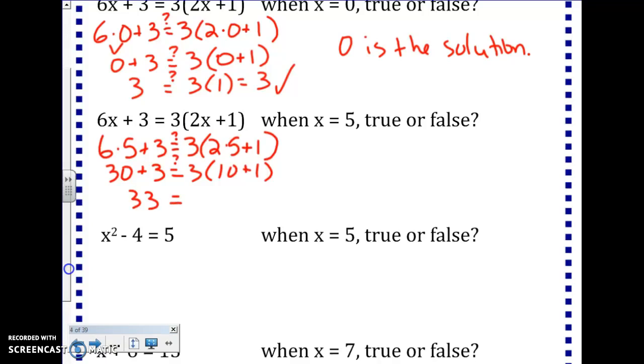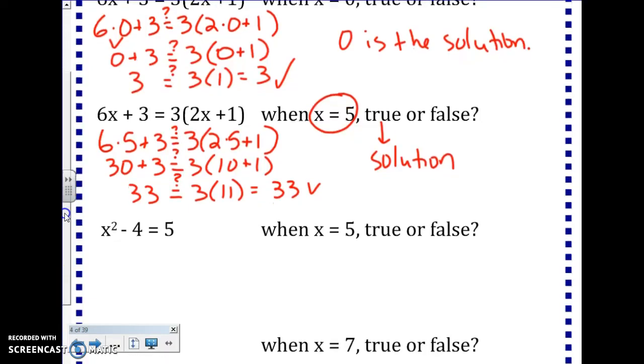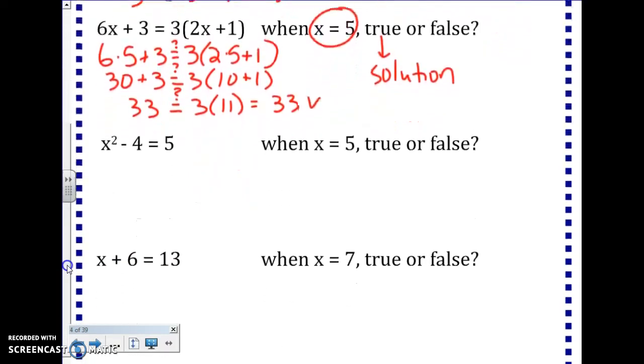And I get, does 33 equal 3 times 11? Well, 3 times 11 is also 33, so this is true. It's a solution. And this is a special kind of equation that we're going to talk about at some other point. It turns out that any number will be a solution to that equation.